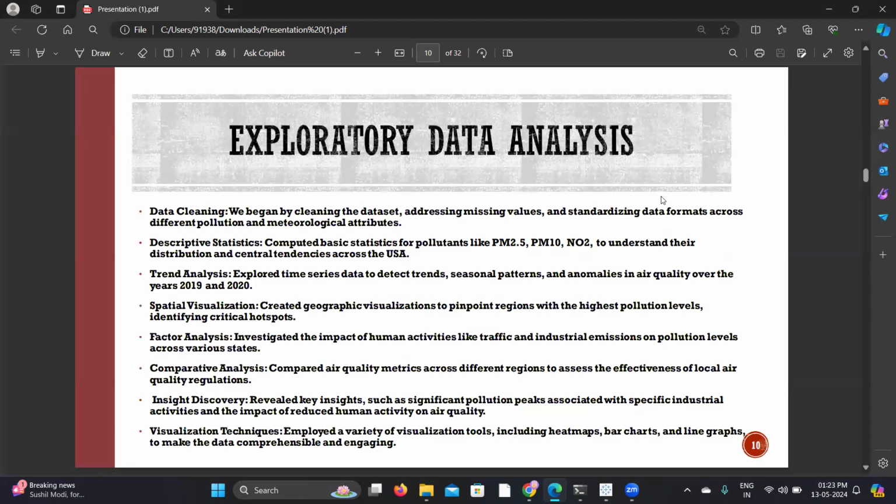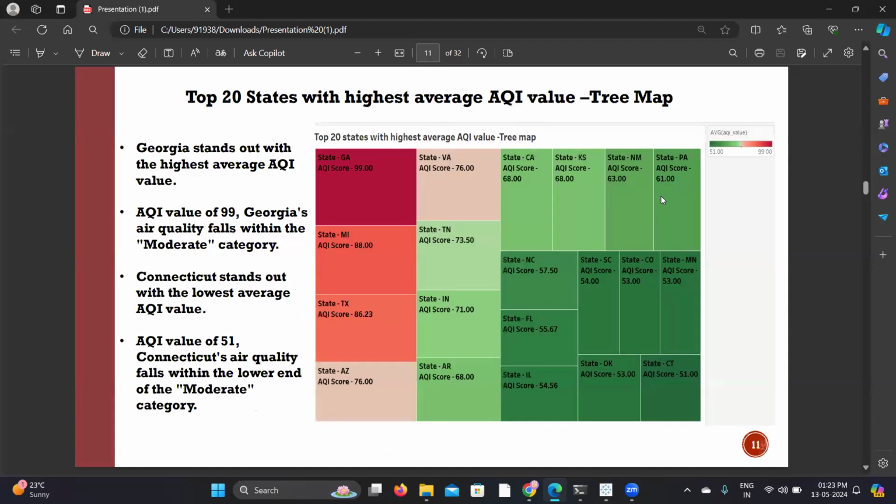For exploratory data analysis, we first began with cleaning the data set, and then did descriptive statistics, trend analysis, spatial visualization, factor analysis, comparative analysis, and insight discovery, and we visualized using a few techniques. Let me show you the visualizations we did with Python first, live.